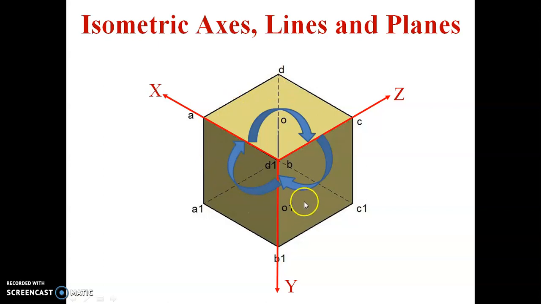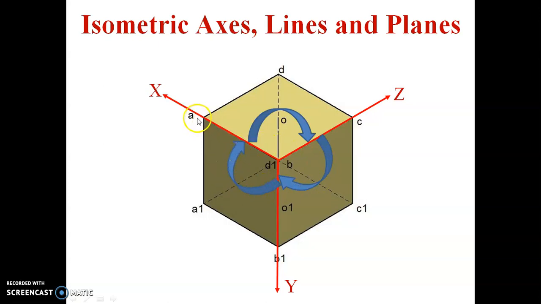This figure shows the 3D representation of a cube. This cube we had got during the projections of the hexahedron, the front view of the hexahedron when the solid diagonal of the hexahedron is perpendicular to VP. Here these red lines X, Y, Z are representing three lines which are having equal inclination with respect to each other.